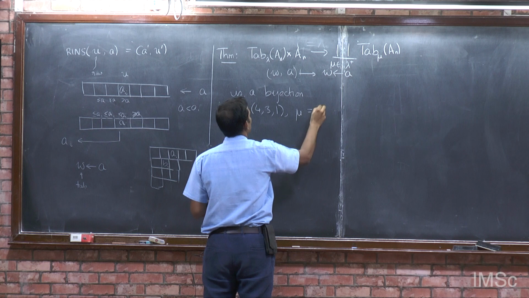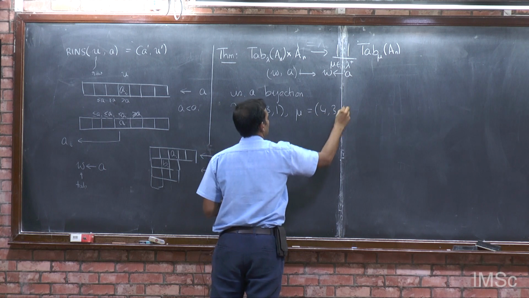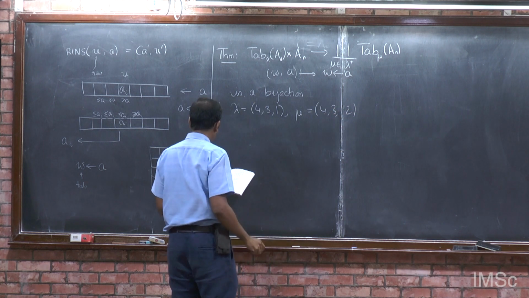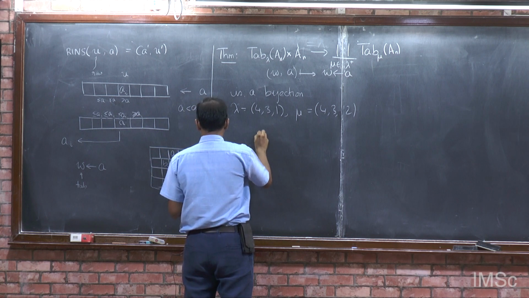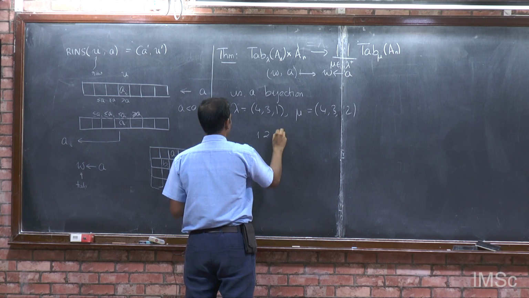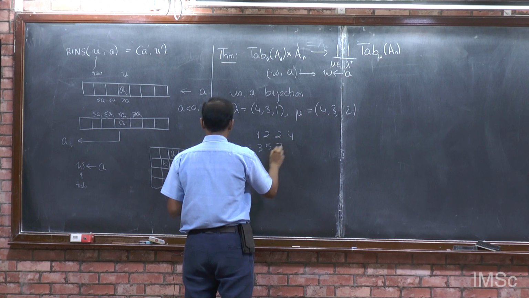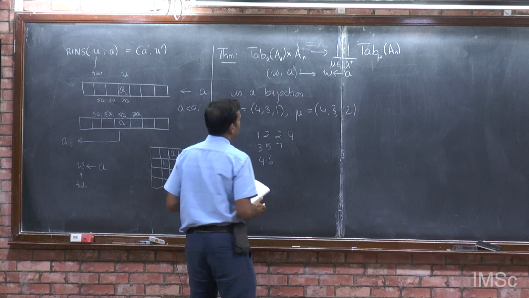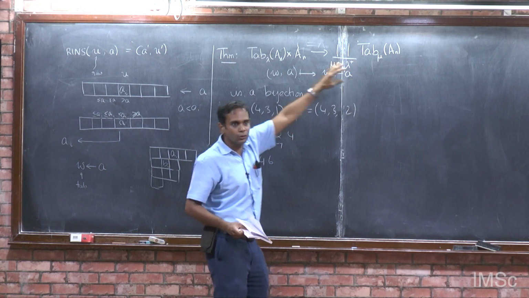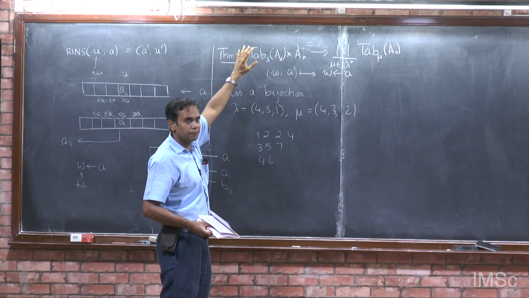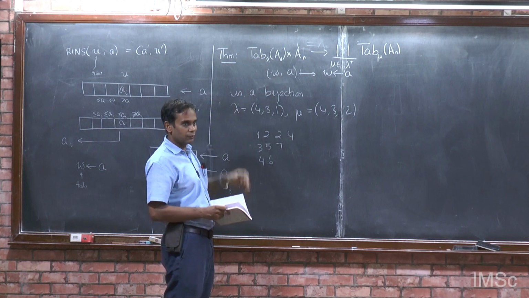So, let us say it is 432, and let us say I have this tableau: 1, 2, 2, 4, 3, 5, 7, 4, 6. So, this is something on the right hand side, and I want to know uniquely where it came from, right. That would be constructing the inverse map.